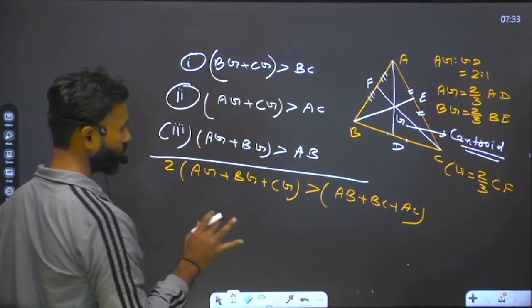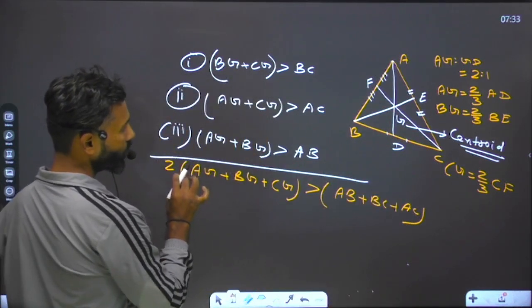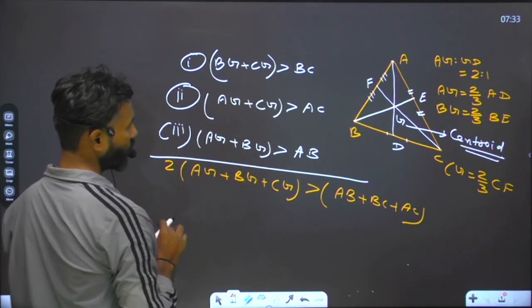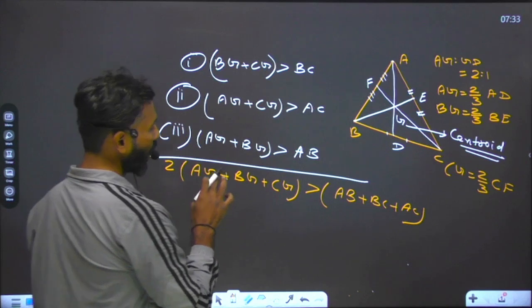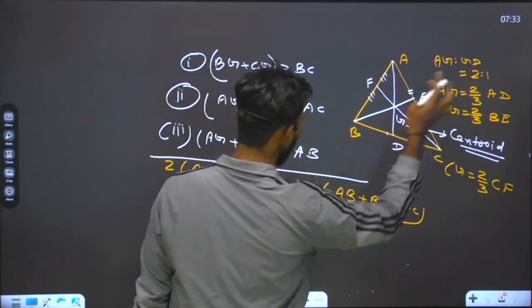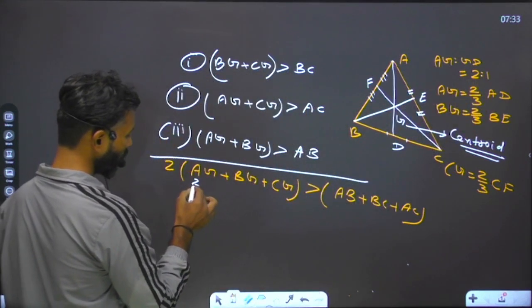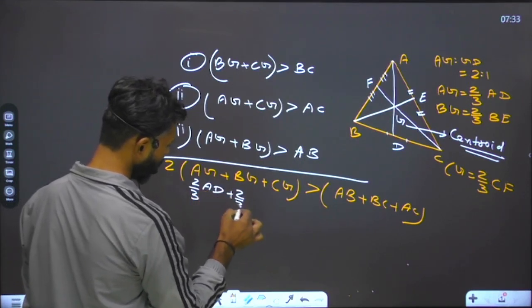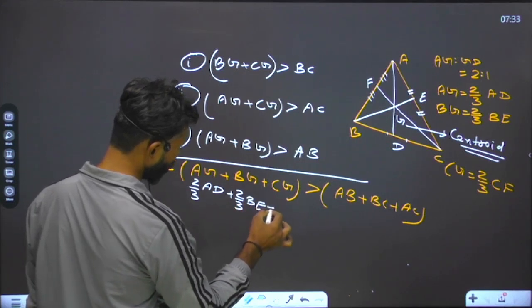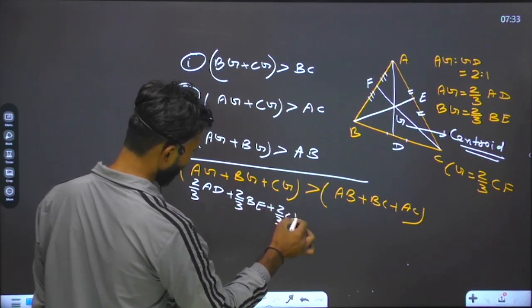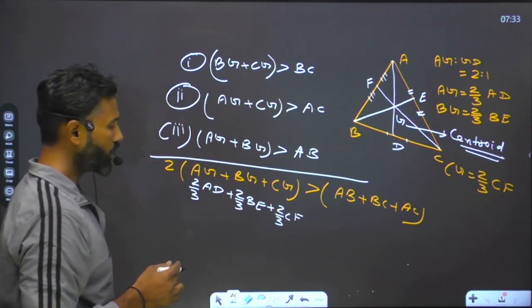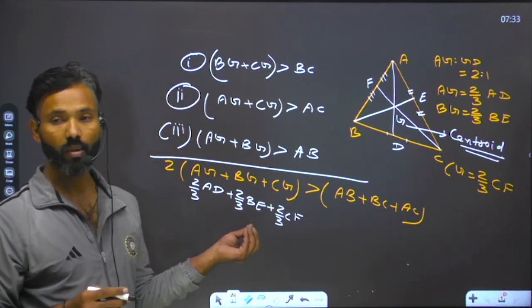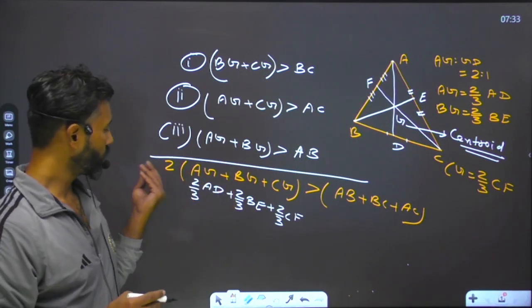Now what can I do over here? I'm going to replace AG, BG and CG. What can I write in place of AG? I can write 2/3 AD. So I'm writing here 2/3 AD plus 2/3 BE plus 2/3 CF. Now 2/3 can be taken as common, and 2 is already written here.